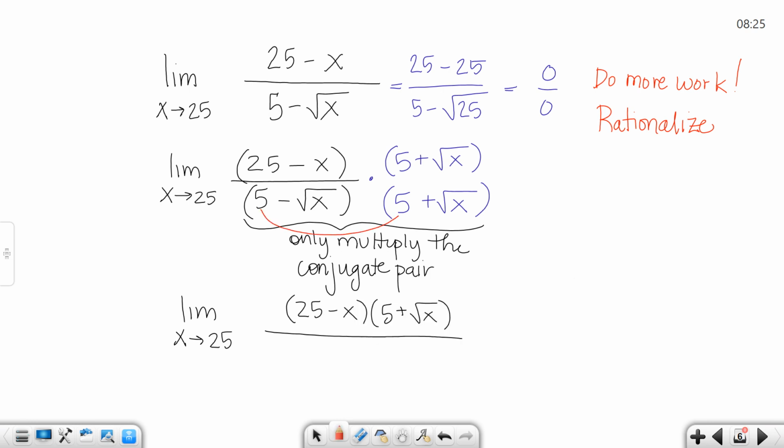So I'd have 5 times 5, 5 times this radical, which is a positive radical, so that's a positive 5 radical. Get the middle part. This part here would be a negative 5 radical since that radical is negative. And last, that's a negative square root of x times square root of x. First, outer, inner, last.